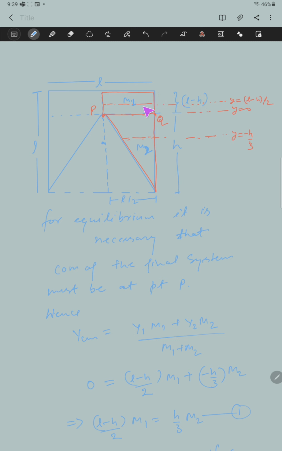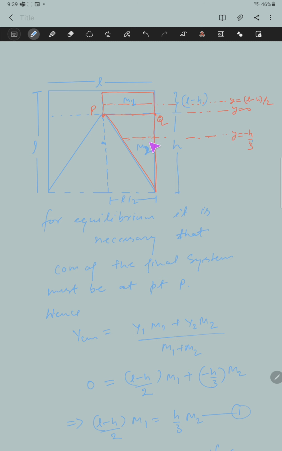The center of mass of this rectangular part from this PQ line will be at (L minus h) by 2 distance, and the center of mass of this triangular part from this PQ line will be at h by 3 distance, and we have taken a minus sign because we are going in the opposite direction. So this is the right direction and this is the opposite direction.